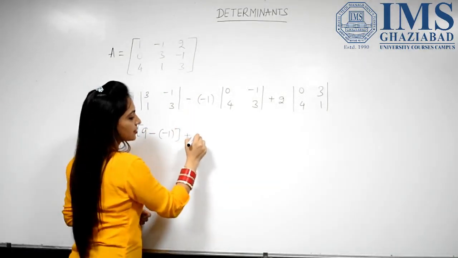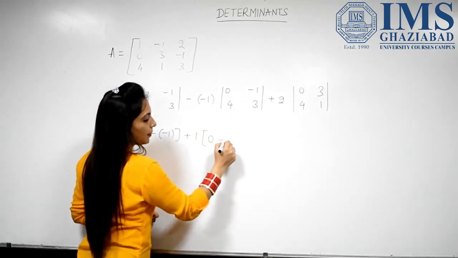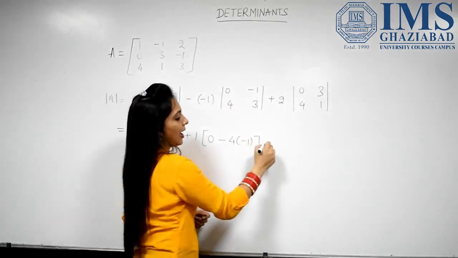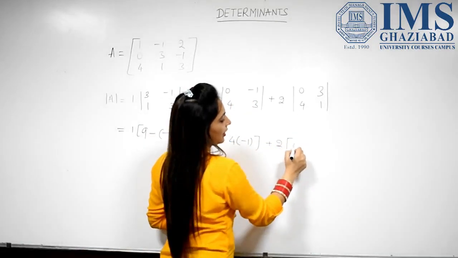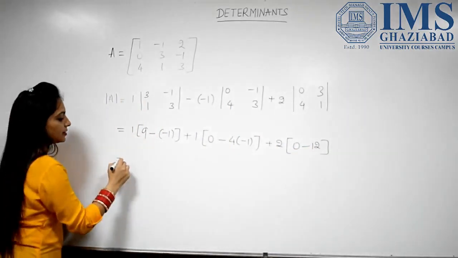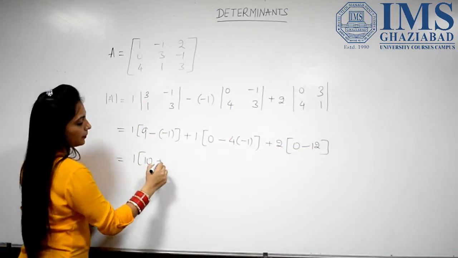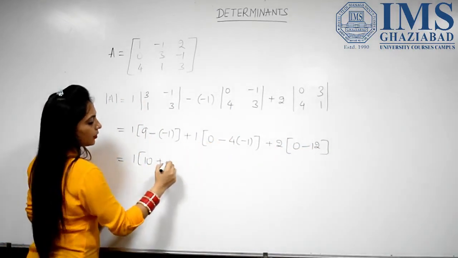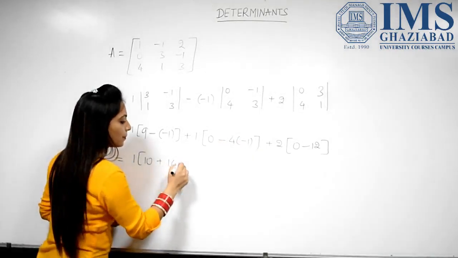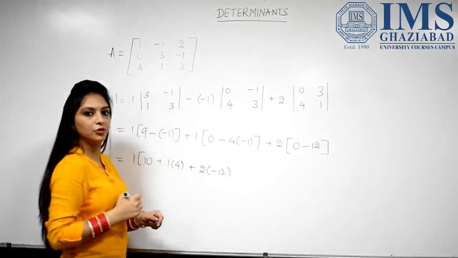Minus minus becomes plus, so 9 plus 1 is 10. Plus 1 into, see what I am getting, 0 minus 4 into minus 1, so I will get plus 4. Plus 2 into 0 minus 12, which is minus 12.